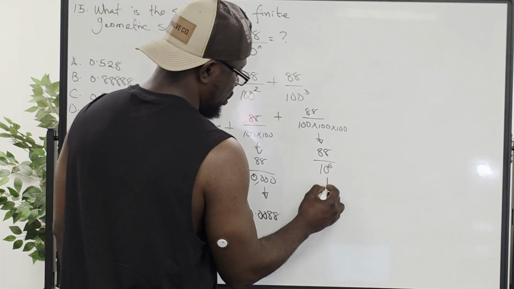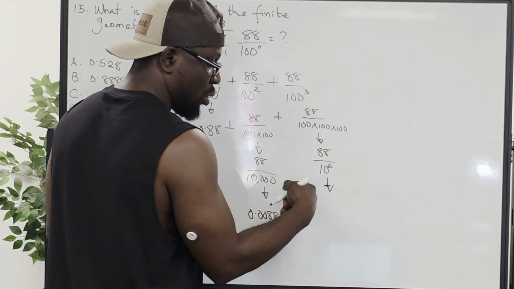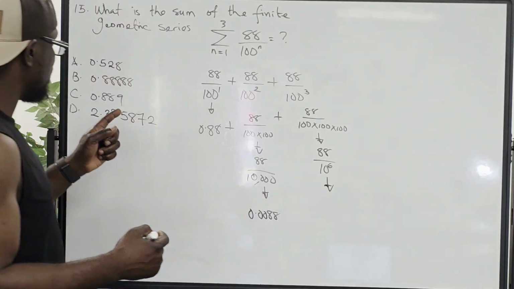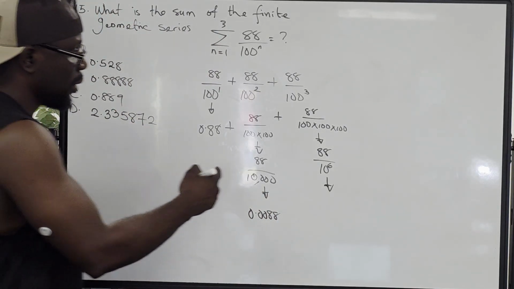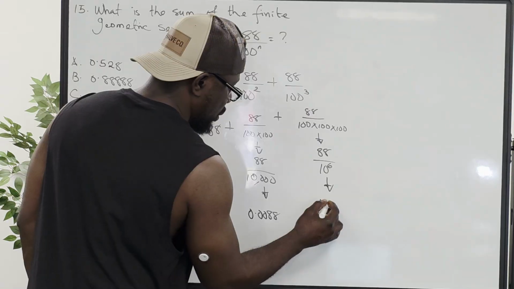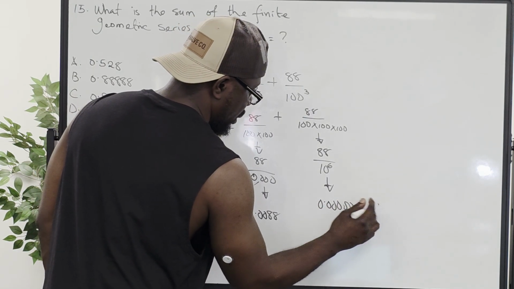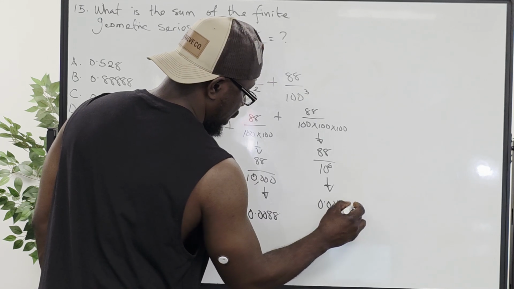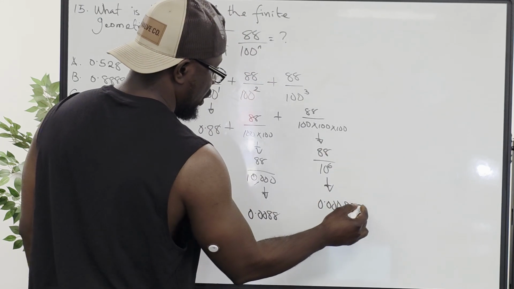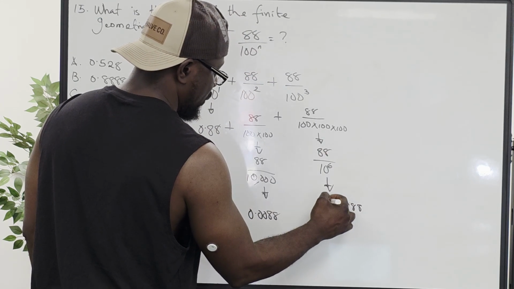So this one becomes 0.000088, with 6 decimal places.